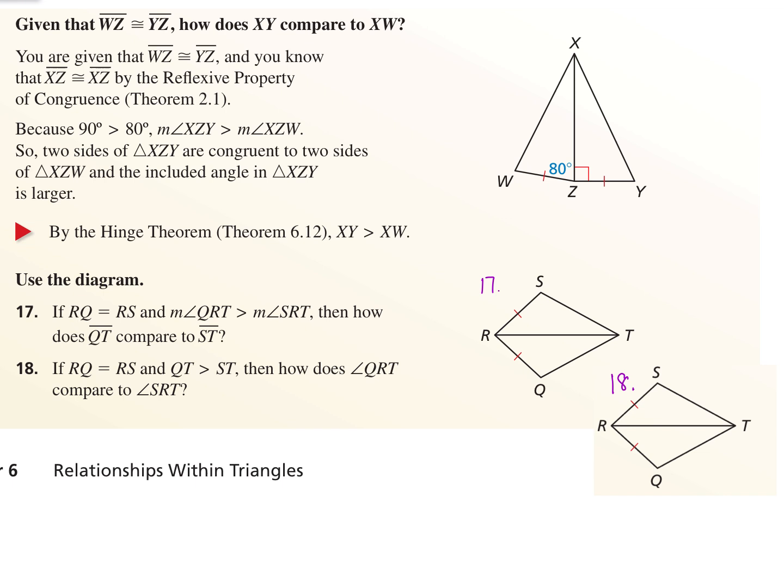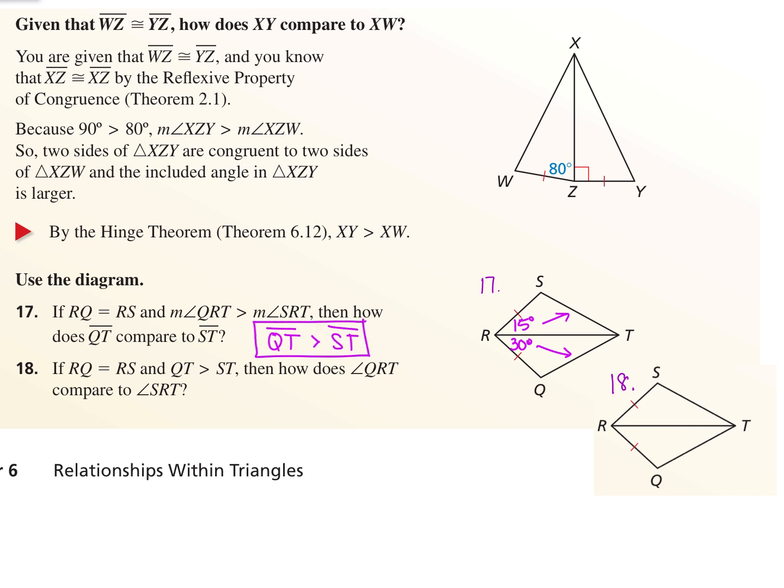For this one, I would recommend plugging in numbers so you can visually see it. I'm going to say this is 30 degrees, this is 15 degrees. Now I'm going to look at my opposite sides. I have ST and I have QT. Which one's greater? QT. So I'm going to write it as QT is greater than ST.